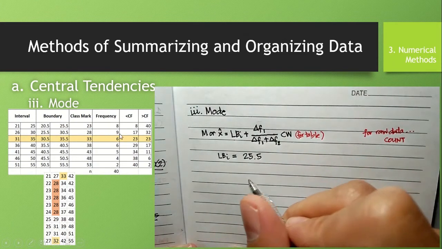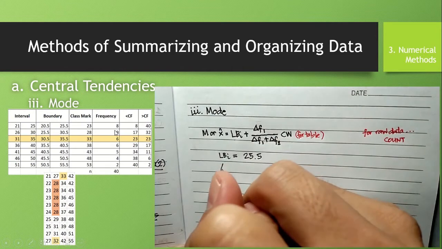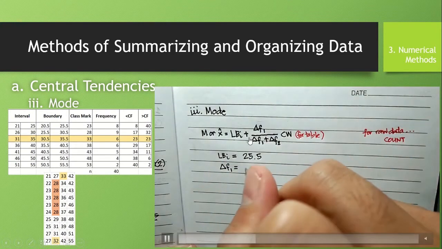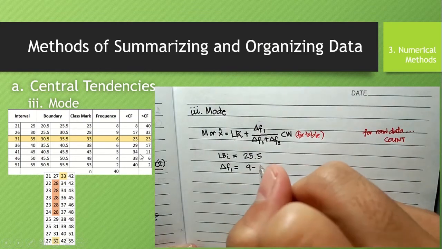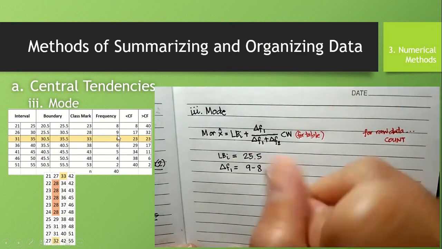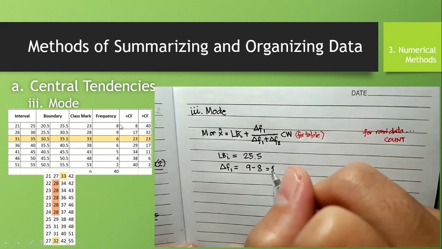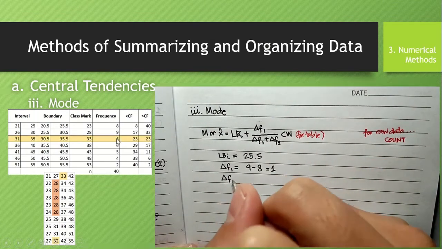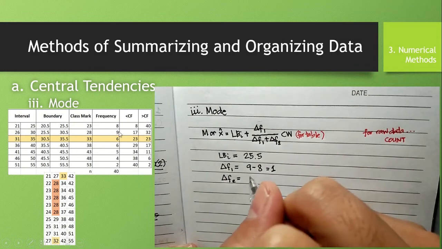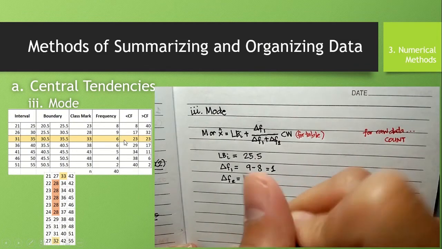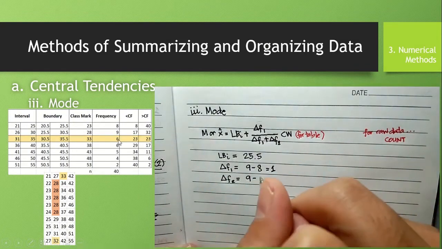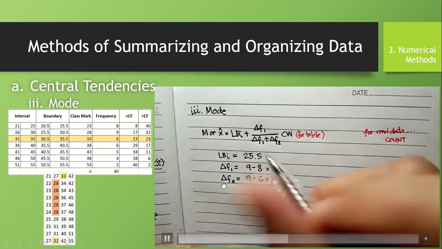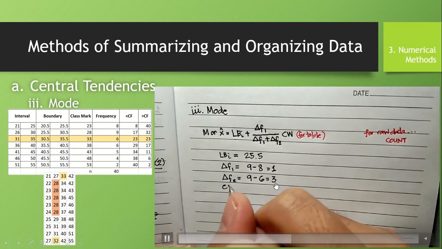Our delta f sub 1 will be the frequency of the modal class subtracted by the frequency of the previous class interval. Our delta f sub 2 is the frequency of the modal class subtracted by the frequency of the next class interval, and that is 6. So delta f sub 1 is 1, delta f sub 2 is 3.